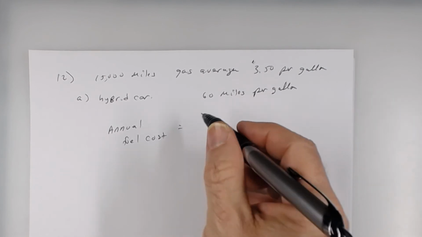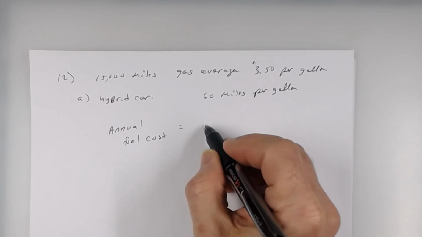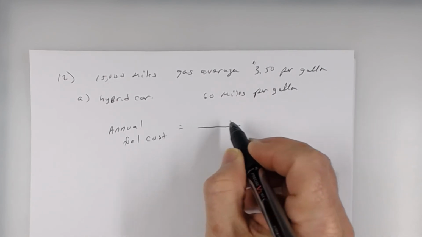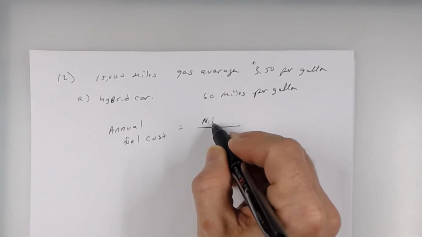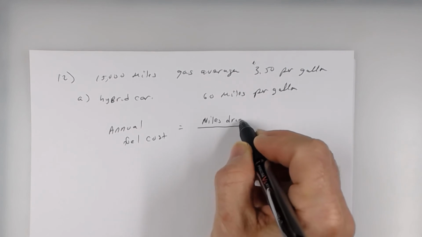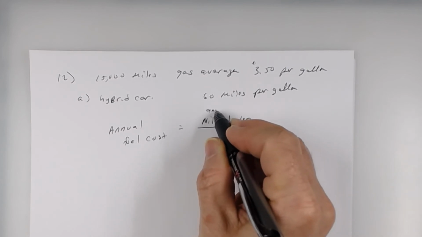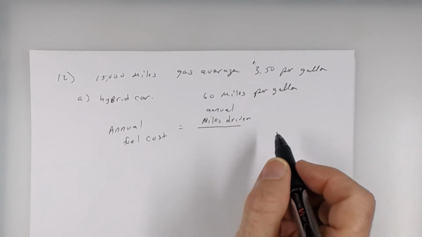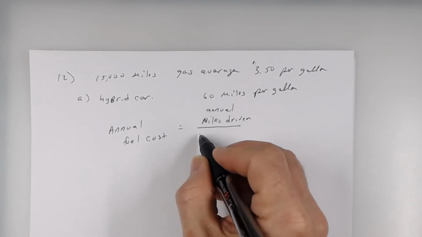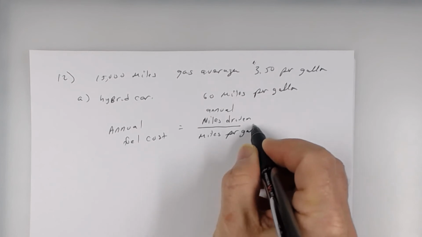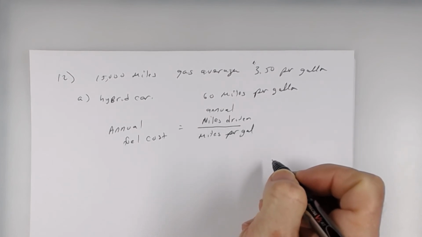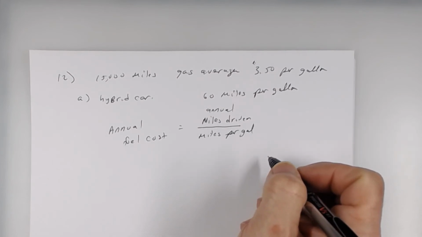If I want to find the annual fuel cost, I am going to take in my numerator the annual miles driven, divided by the miles per gallon. And that will tell me how many gallons of gas it took me.